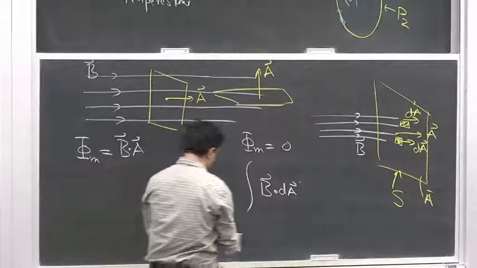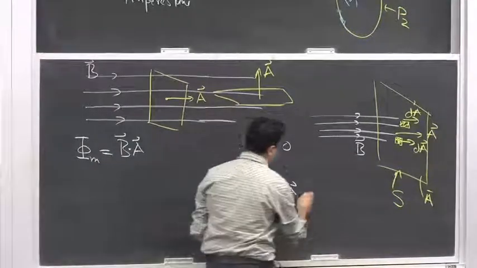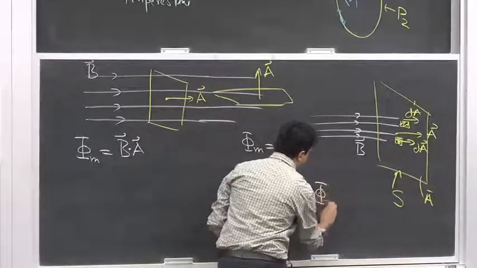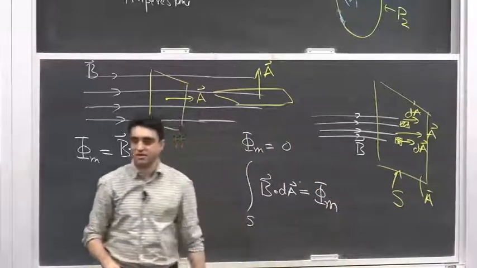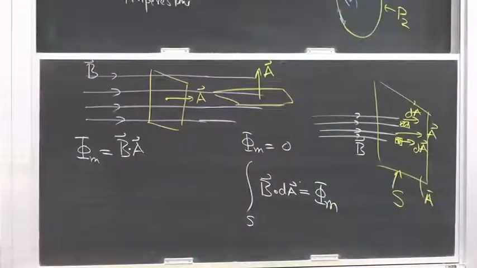This dot product gives you the total magnetic flux through this area. So if you have a non-uniform magnetic field, you take a dot product with a small area element and then integrate over the whole surface to get the total magnetic flux.